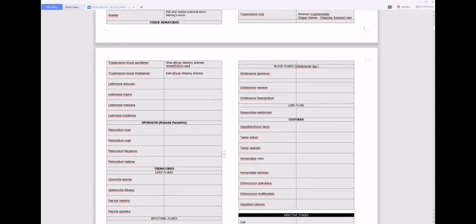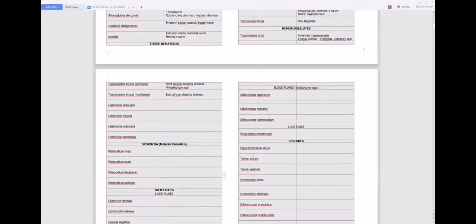So Gambiense, West African sleeping sickness. Rhodesiense, East African sleeping sickness. While Cruzi, American trypanosomiasis, and Chagas. Makikita mo, diba? C, Chagas, Cruzi, C. So, Chagas Cruzi. Okay? So, we are done with the Trypanosoma species.